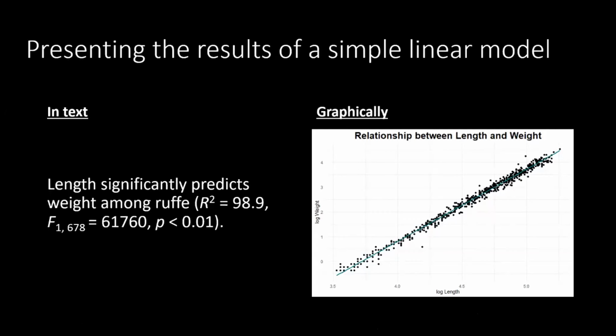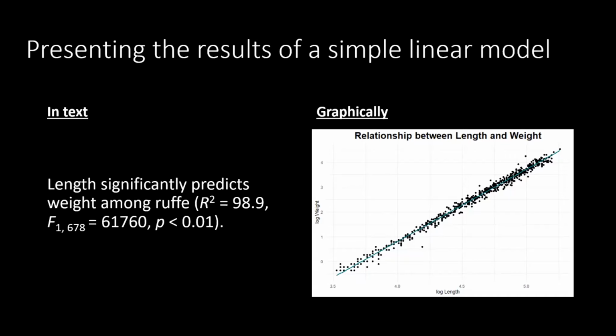Your F value on 1 and 678 degrees of freedom is a relatively large 61,760, and your P value, ideally you'll report an exact P value, but in this case there were more than a dozen zeros between the decimal point and the non-zero digits, so I've simply left it as a P of less than 0.01.